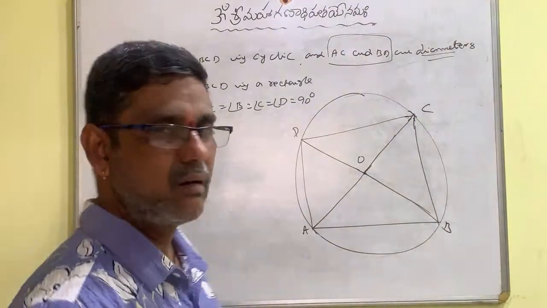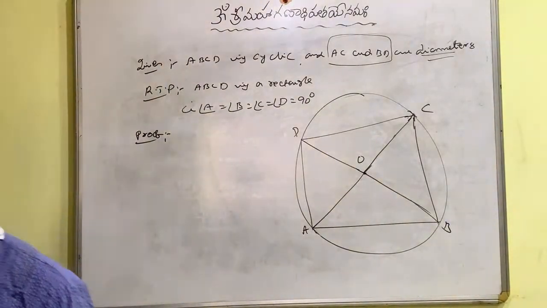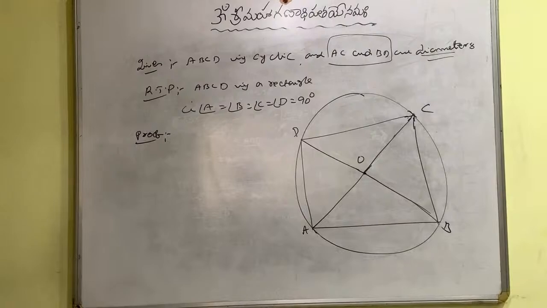Any idea? What property do we have based on diameter?